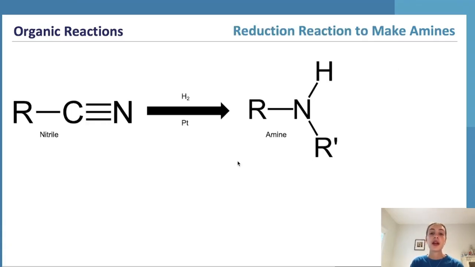We've also got a reduction reaction to make amines, so we can combine a nitrile with hydrogen gas under either a platinum or a nickel catalyst, so any inert metal catalyst, in order to create an amine. And so this would just be simply removing some of the bonds from the nitrogen group and adding in the hydrogen atoms to make it into the amine molecule.